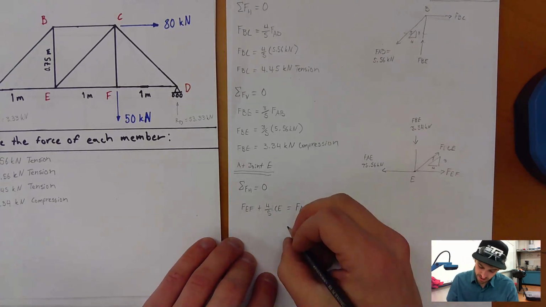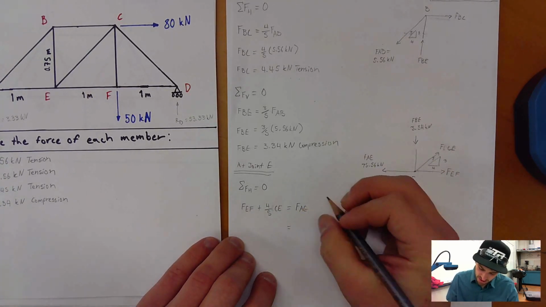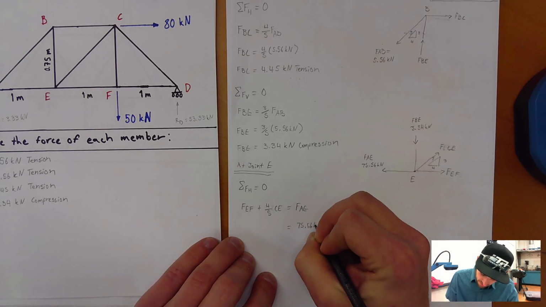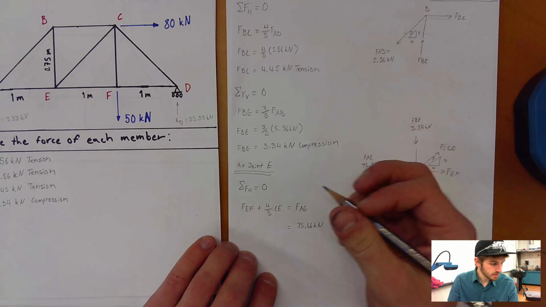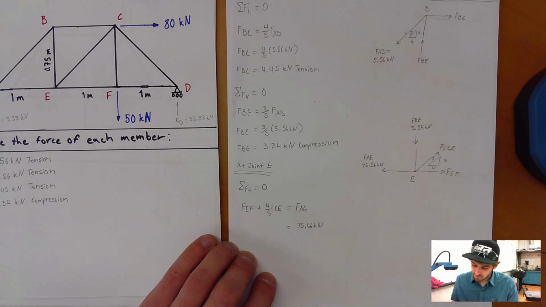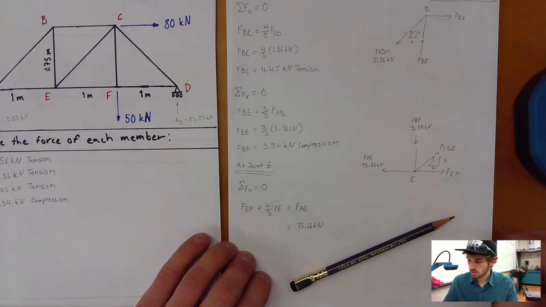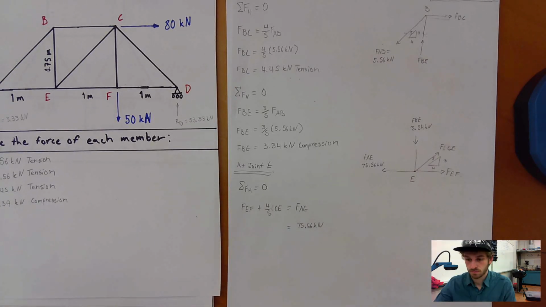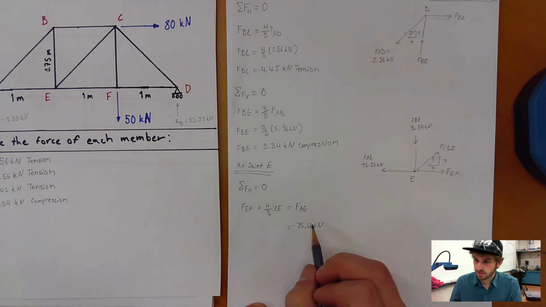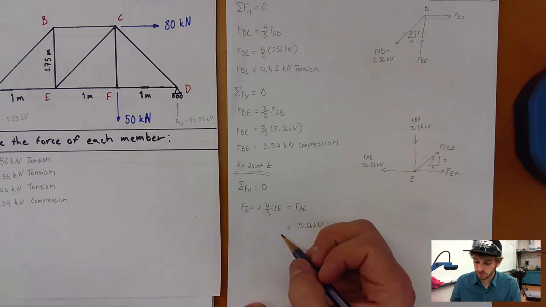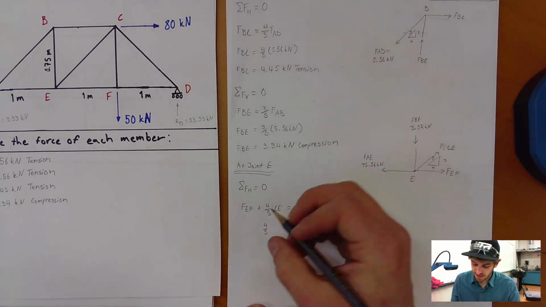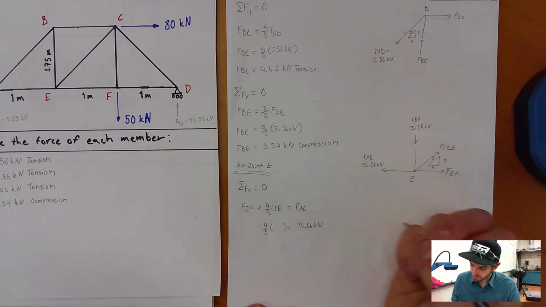We know this one, so we can substitute that in. So we've got FAE, it's going to be 75.56 kilonewtons. Okay, so we've got this filled out, and we know that it needs to be 4/5 CE, which there should be a number in here.